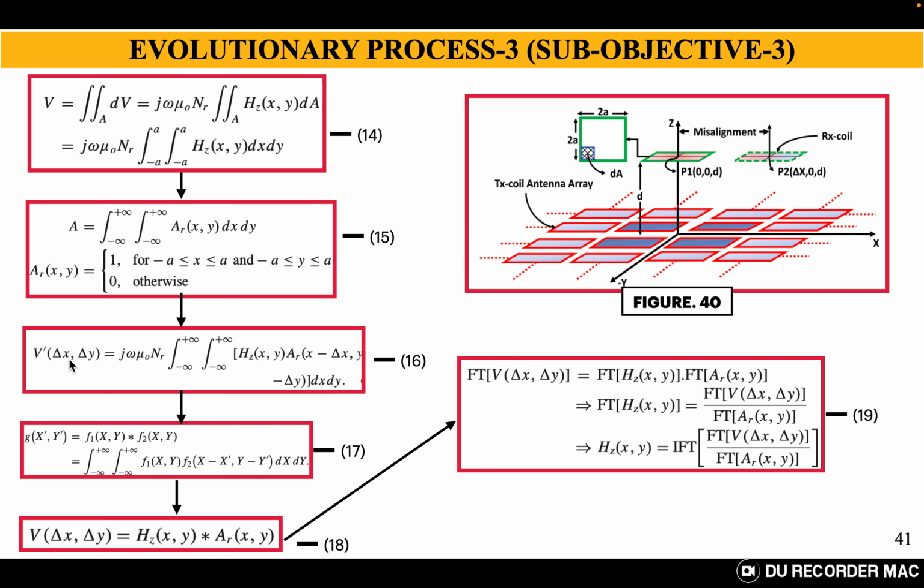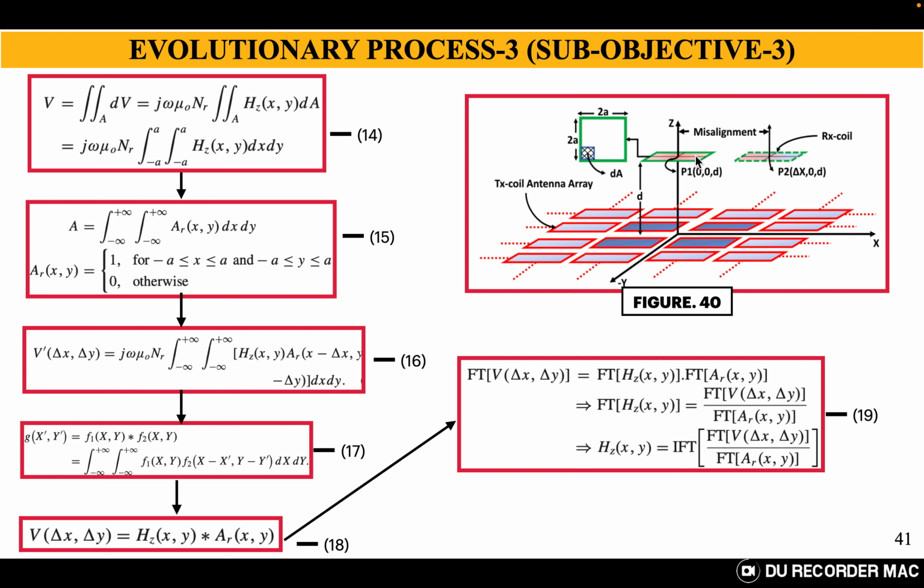Interestingly, this function V becomes a function of delta x comma delta y. Delta x is the misalignment along the x direction, and delta y is the misalignment along the y direction. That misalignment can be clearly seen in figure 40. For a perfectly aligned receiver coil, the position is 0 comma 0 comma d, and for a misaligned receiver coil at P2, it is delta x comma 0 comma d.